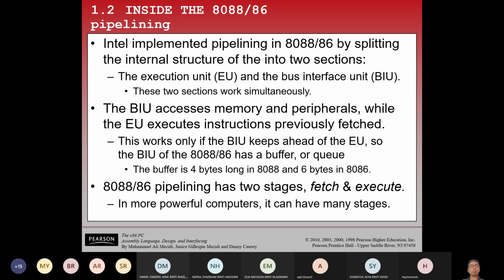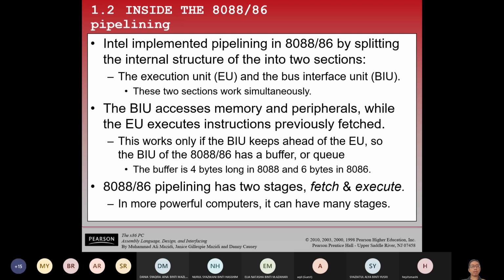The BIU must always start first, that's the only way it can work. The BIU keeps ahead of the EU, so the BIU of the 86 processor has a buffer, or queue.